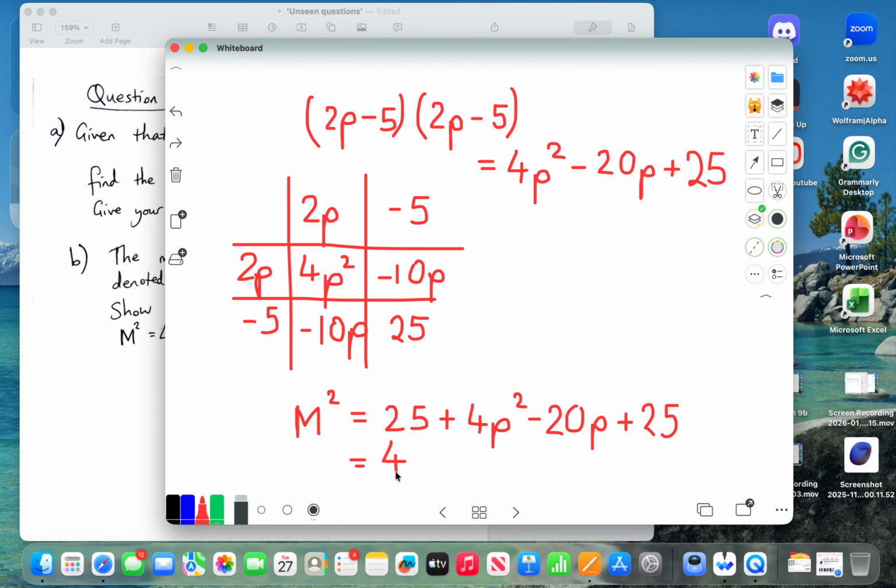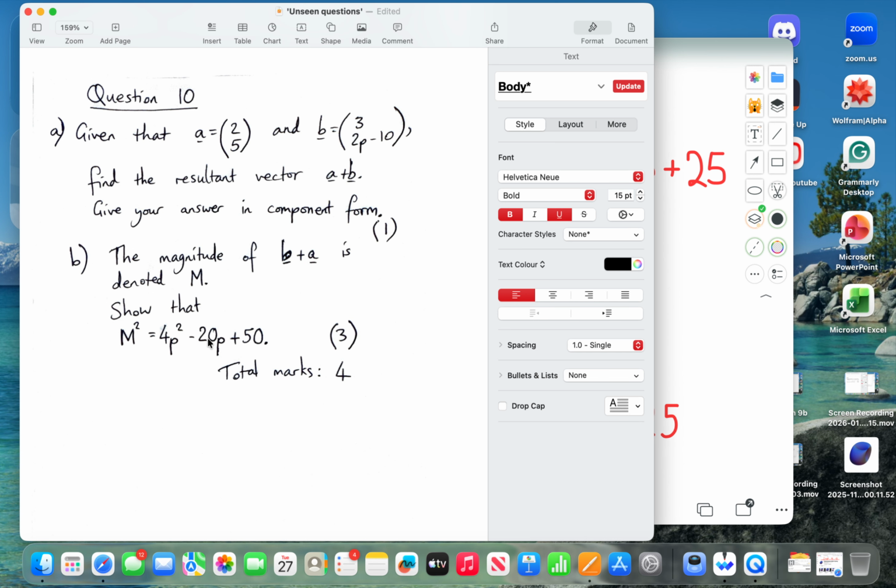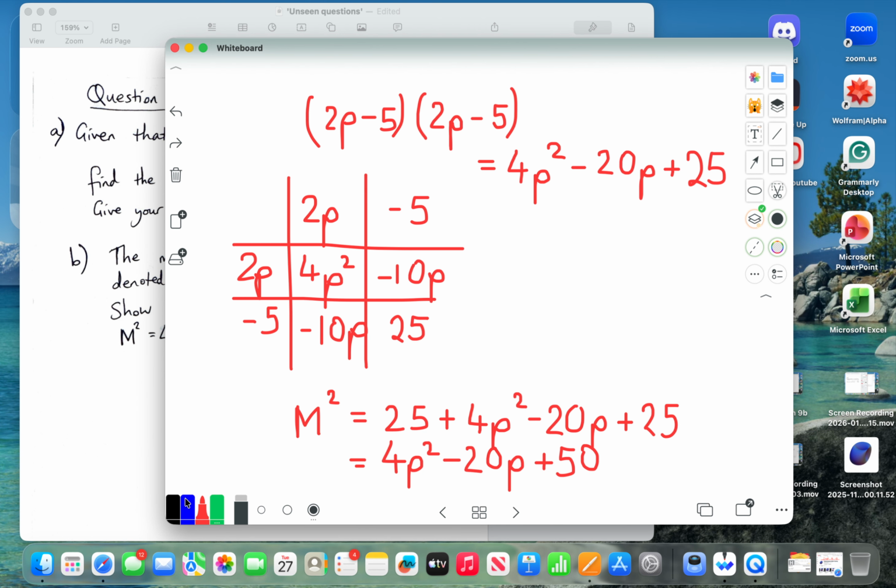The only term in p squared is 4p squared minus 20p. We've got two terms independent of p, 25 and 25 gives us 50. And that's us finished. Let's make sure that we got the correct expression, and we did. So the last 2 marks combined I would give for this, in my judgment.